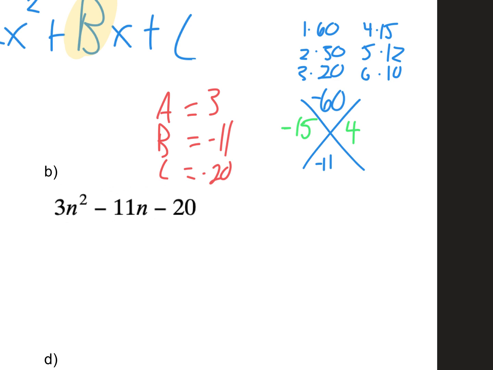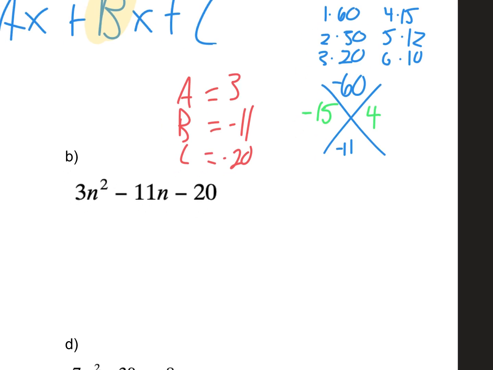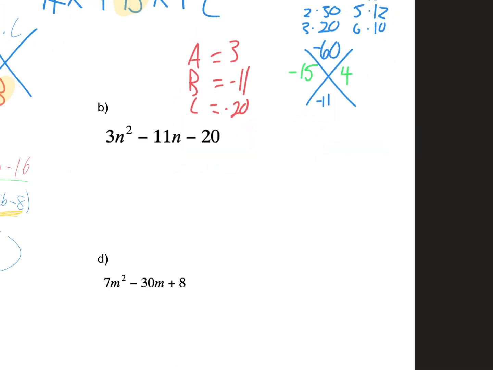And next, we are going to rewrite our trinomial. So we will have 3n squared minus 15n plus 4n minus 20. Again, we are getting this negative 15n plus 4n from our factors here.